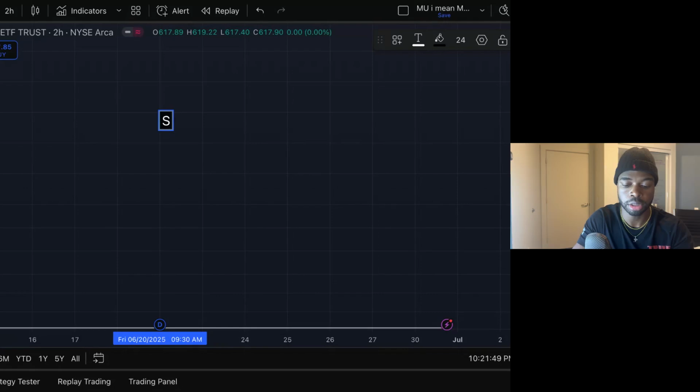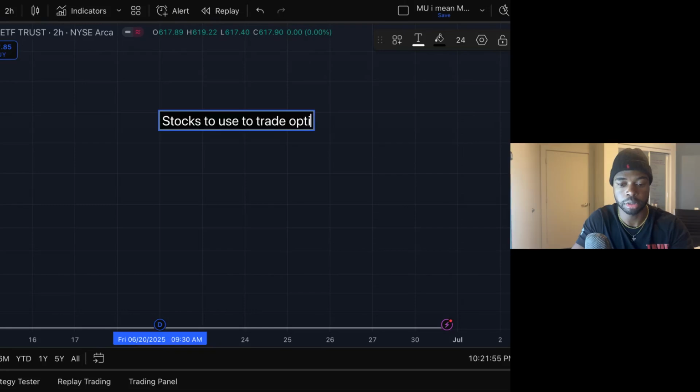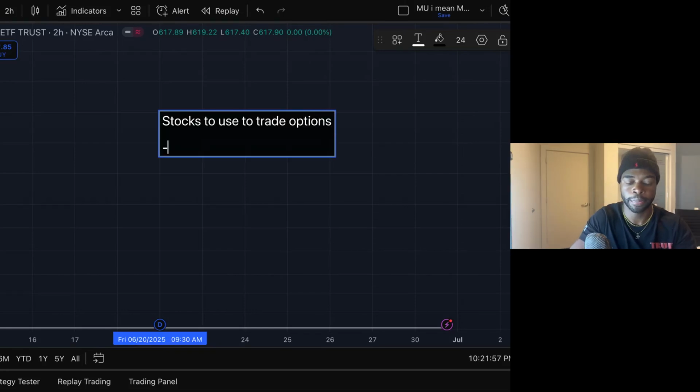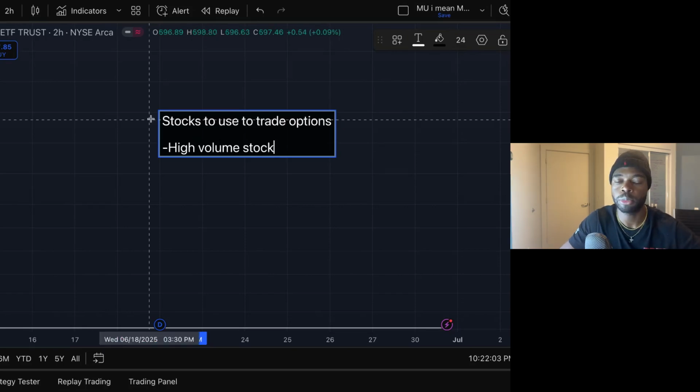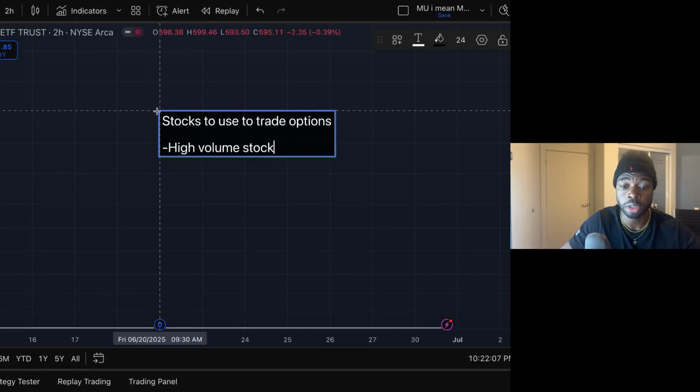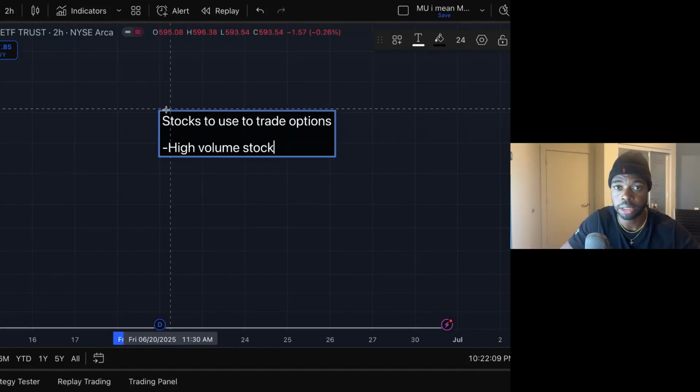So this is stocks to use to trade options. What are the parameters? All right. Number one, it needs to be a high volume stock. Okay. And when I say high volume, it needs to be high volume in terms of the equity. So the amount of shares traded per day needs to be over 1 million at the very least.